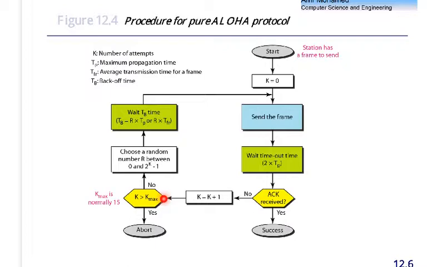So the range of values is from 0 all the way to 3. So 0, 1, 2, and 3. So each node will perform a random number generation, and will calculate a random number from 0 to 3, and depending on this number, the node will have to wait for a time which is a multiple of the propagation time.